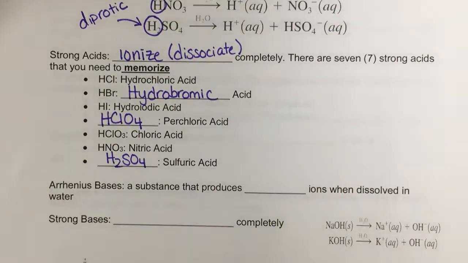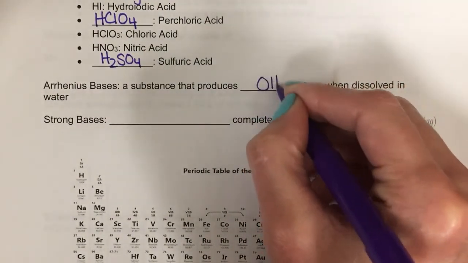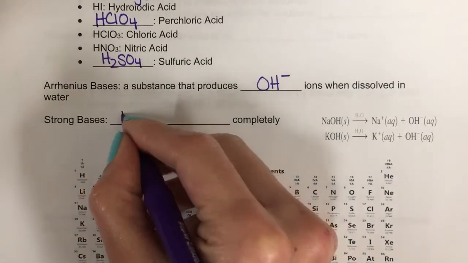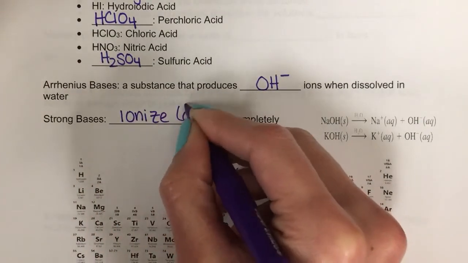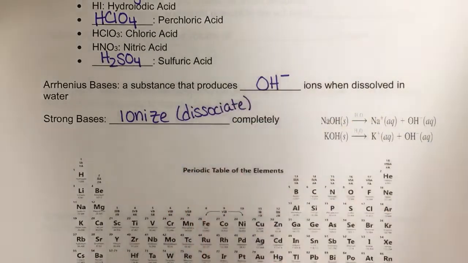Okay? An Arrhenius base has a hydroxide ion, OH-. Strong bases are considered strong also because they ionize or dissociate completely. It's important that you know what your strong bases are. Your strong bases are always going to have an OH ion.